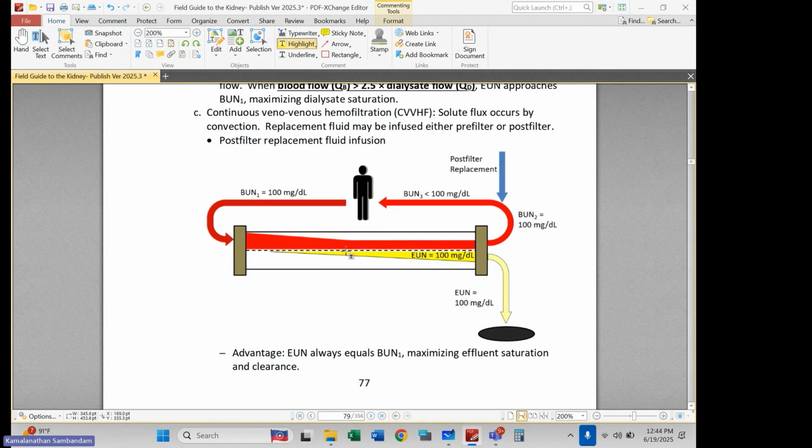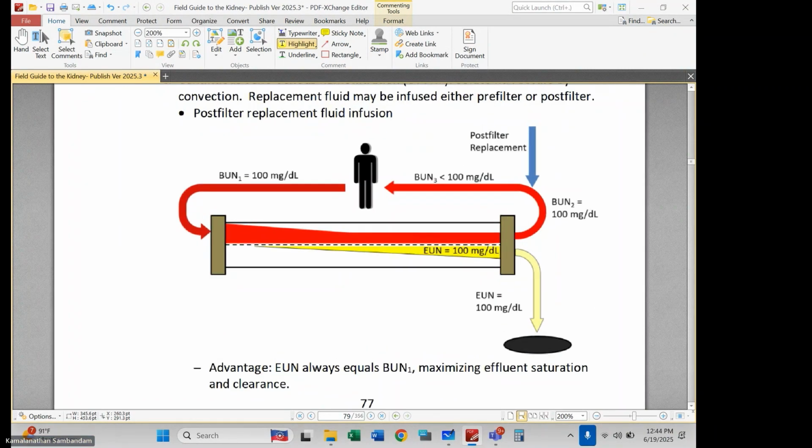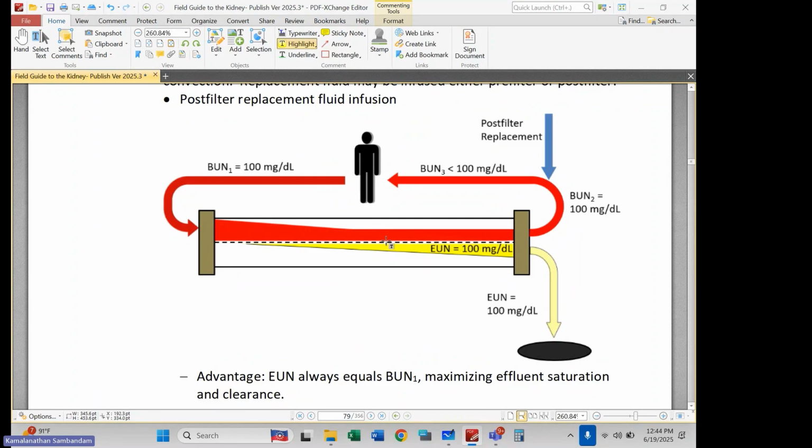The membrane properties are such that there is no impediment to urea flux across the membrane. Urea is sufficiently small, the pores are sufficiently large, that essentially this urea flows through that membrane without any impediment. If that's true, then the urea concentration in the blood and the effluent urea nitrogen would be equal.